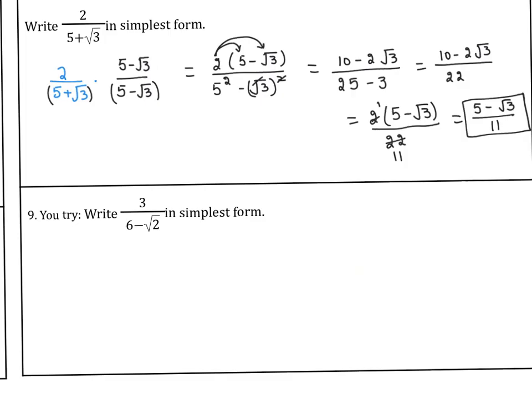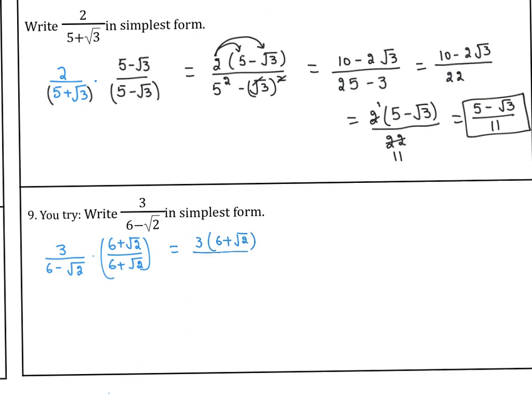Now to solve number 9, you're going to multiply top and bottom with its conjugate, and that's going to be 6 plus square root 2 on the top and 6 plus square root 2 on the bottom. So you're technically multiplying it with 1, because when they cancel each other it's just a 1. On the top, what you have is 3 times 6 plus square root 2.